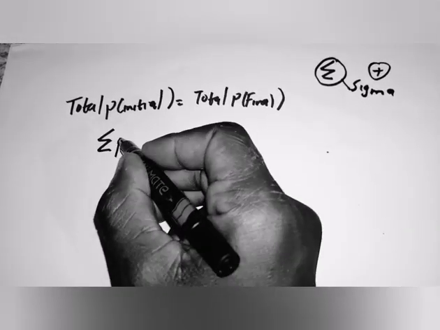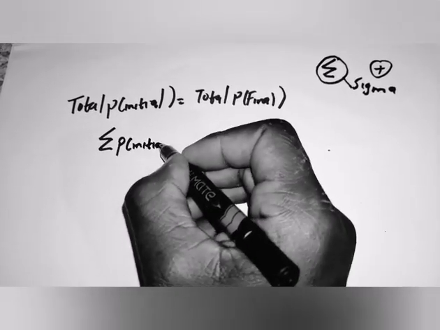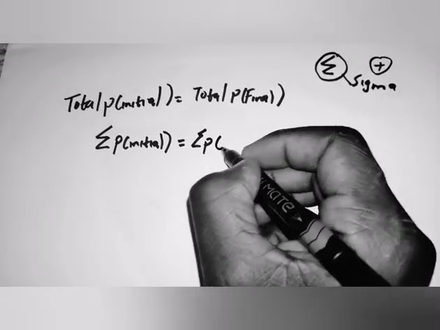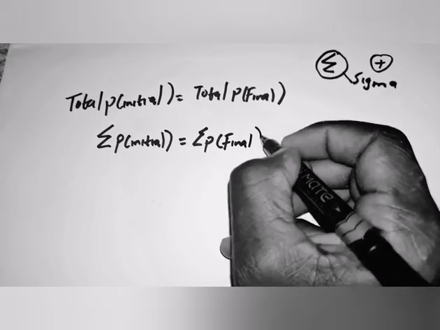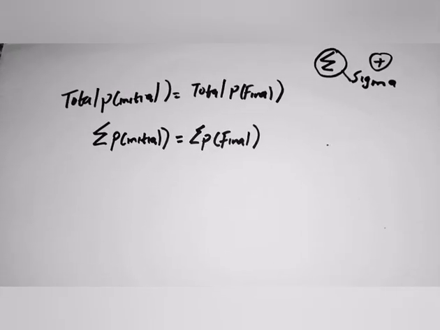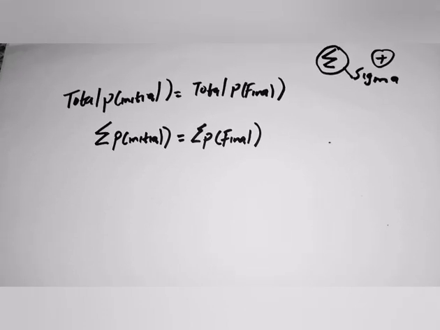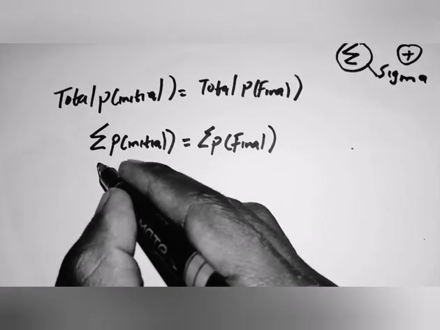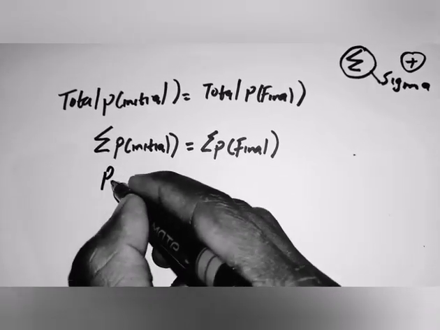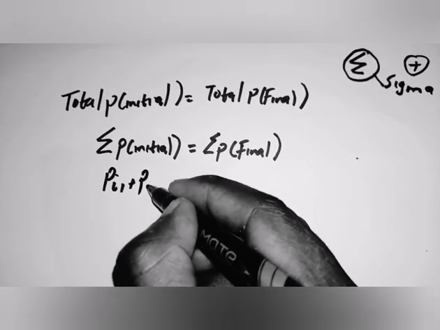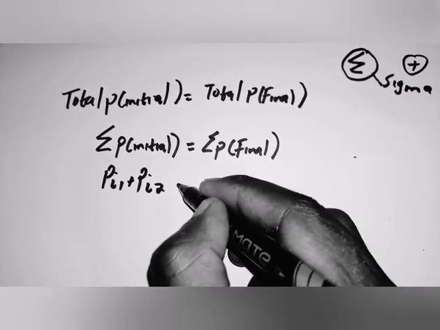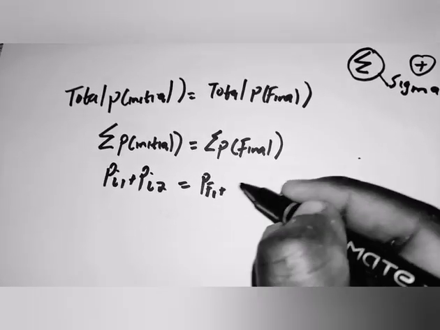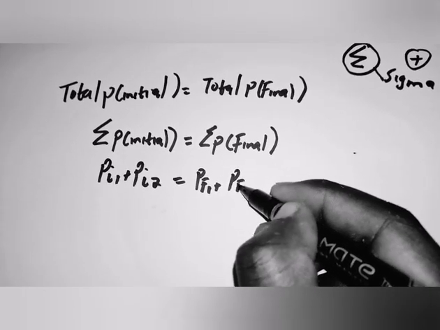So sigma P initial, or total P initial, is still the same thing, sigma P initial equals sigma P final or sigma P after. That's still correct. So sigma P initial means P initial of 1 plus P initial of 2 equals P final of 1 plus P final of 2.